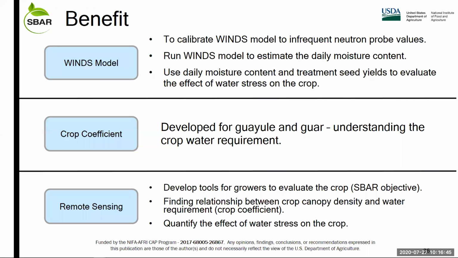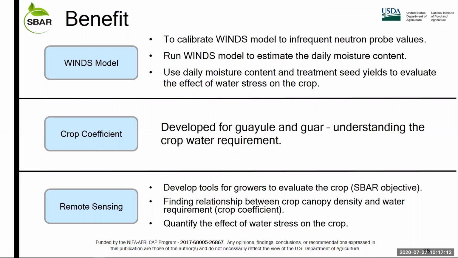I am now, just to summarize the whole process and the work that we have been doing. The WINDS model, which has now been calibrated, is being validated on 2019 data. And then we are using the infrequent data to work on the calibration and then use the calibration to estimate the daily moisture content.